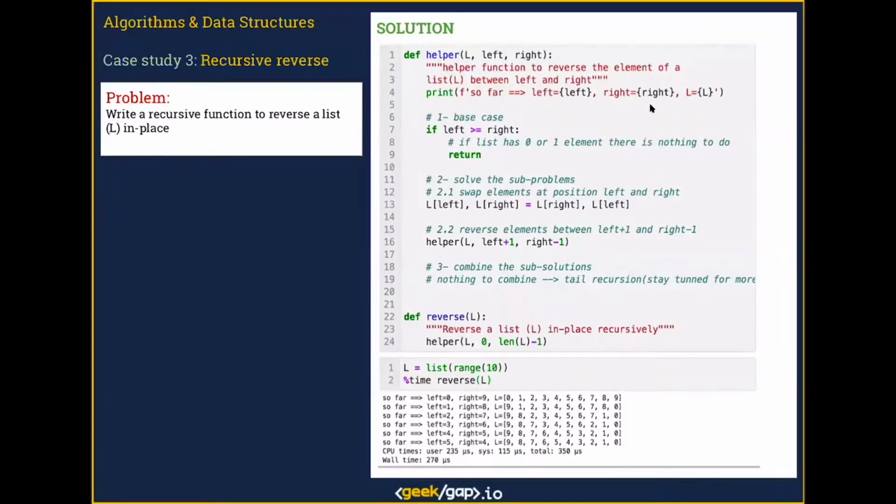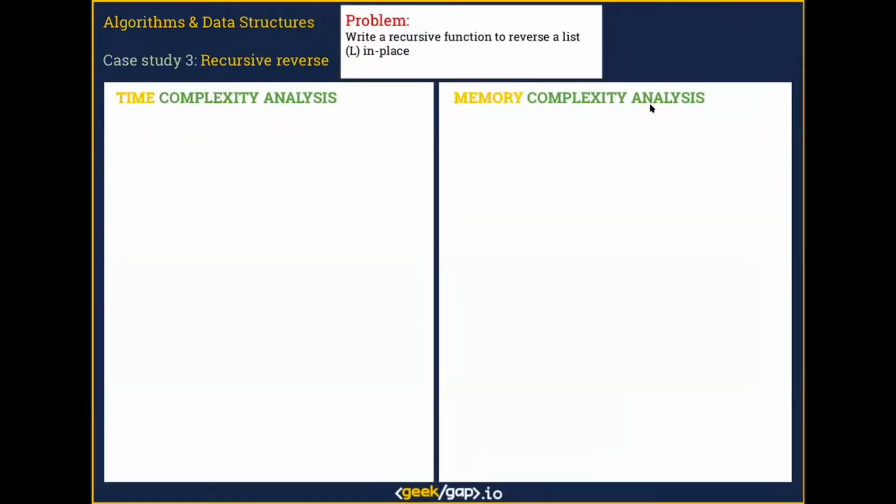Great. And this is actually the solution that we had earlier. Now, what is the time complexity and memory complexity? Okay. So what we had, let's draw again our little schema.